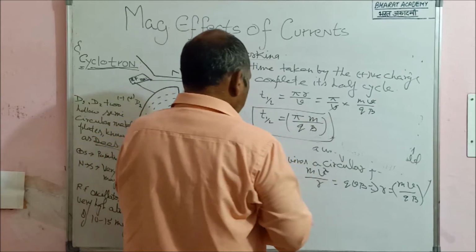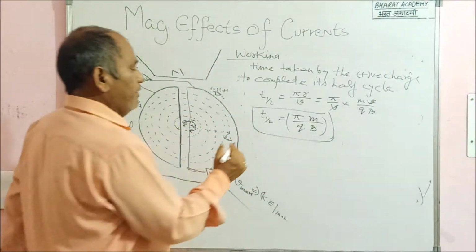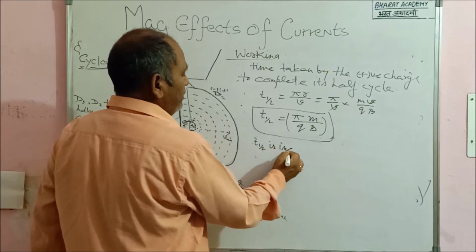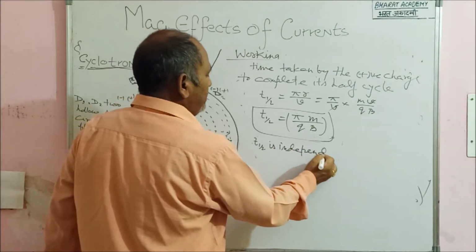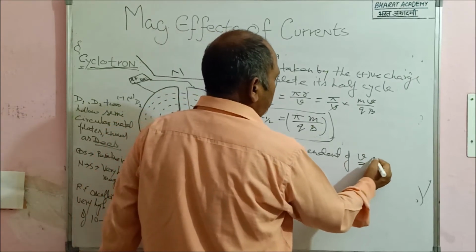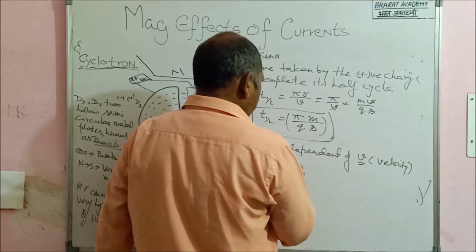If we just go through this, we will find that this T half, this half cycle time, is independent of the velocity of the charged particle. Remember this one, most of the time it is asked.